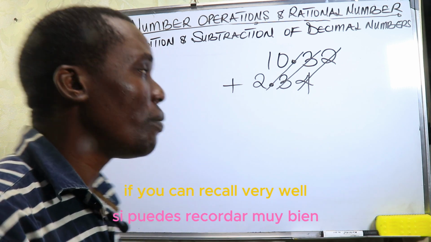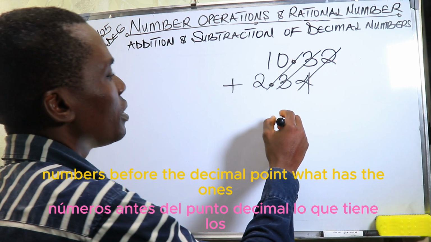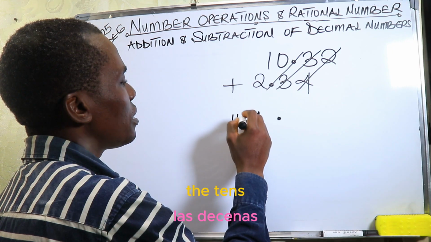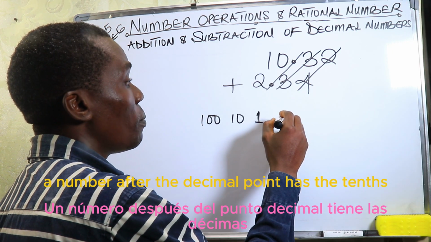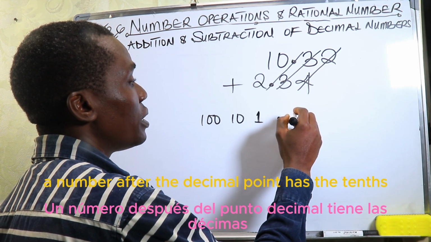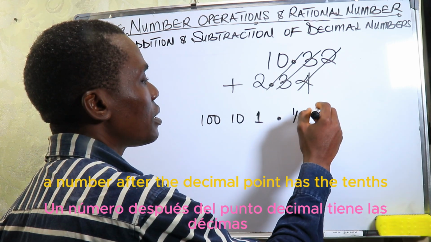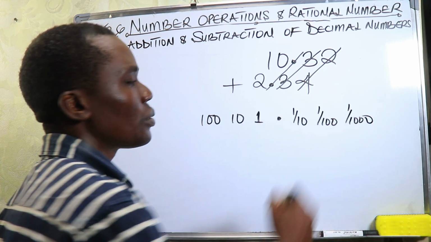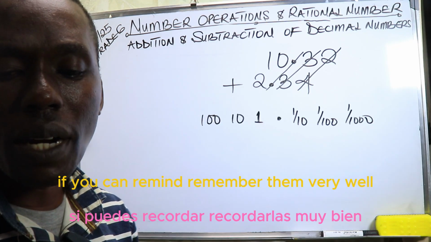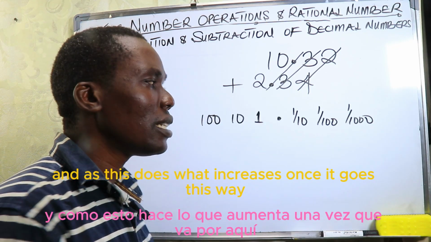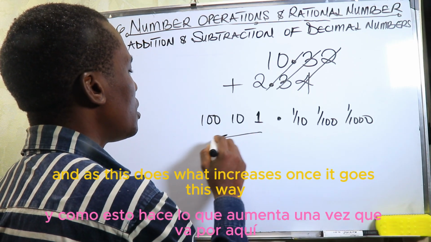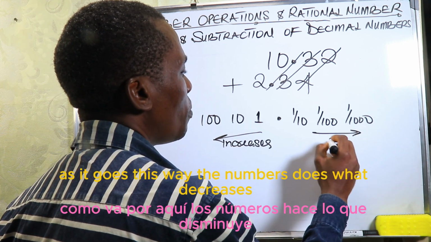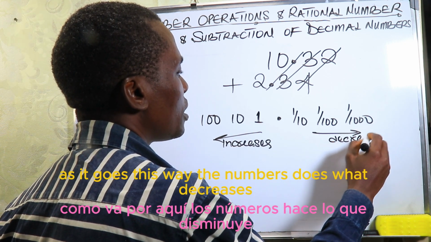If you can recall very well, numbers before the decimal point have the ones, the tens, the hundreds, and numbers after the decimal point have the tenths, the hundredths, and the thousandths. As the place value increases going this way, going the other way the numbers decrease.